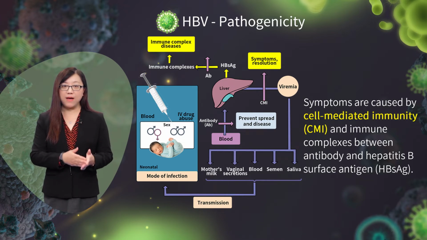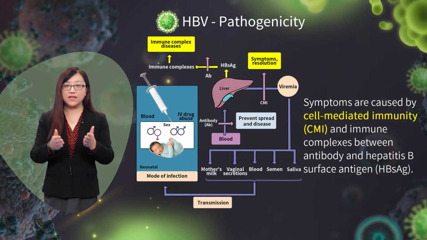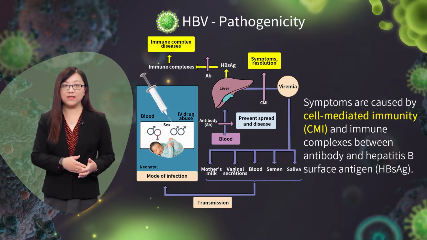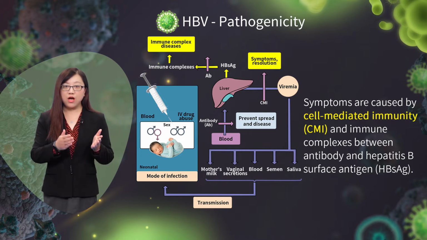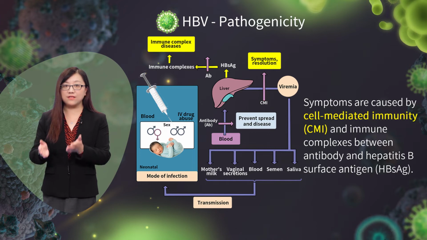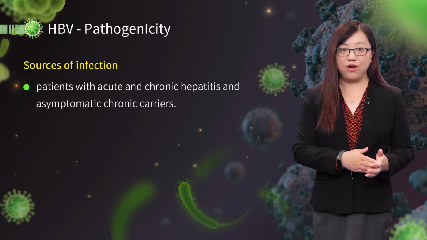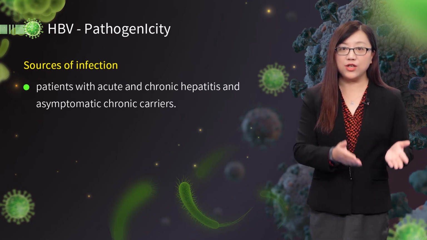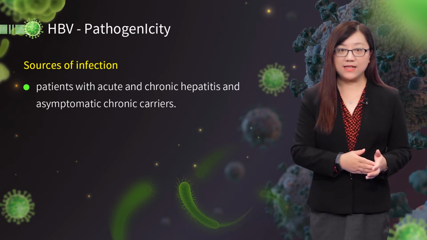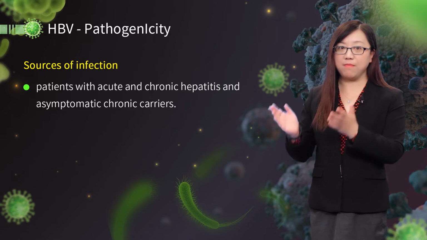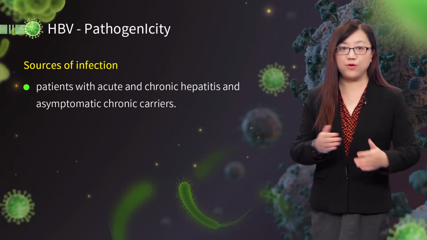Symptoms are caused by cell-mediated immunity, CMI, and immune complexes between antibody and hepatitis B surface antigen, HBs antigen. Sources of infection are patients with acute and chronic hepatitis and asymptomatic chronic carriers.